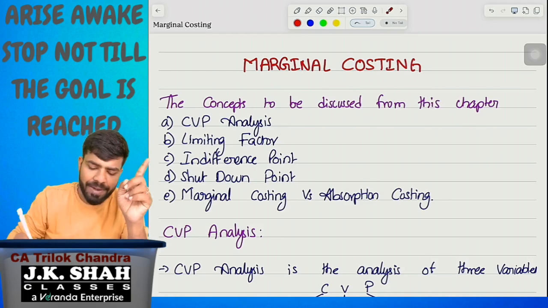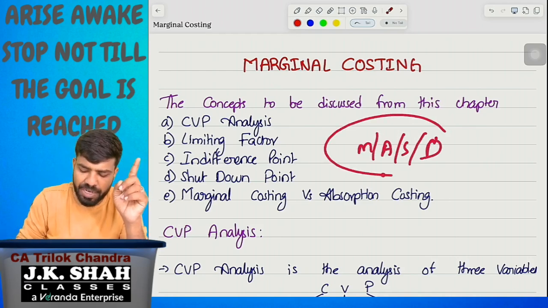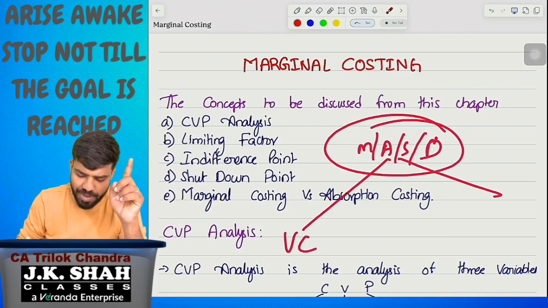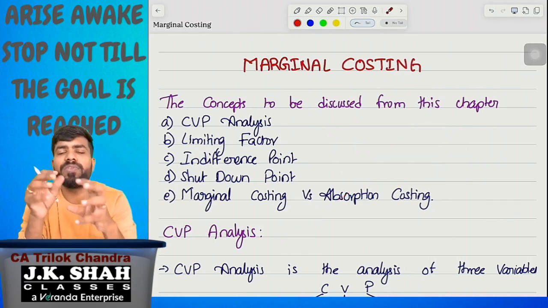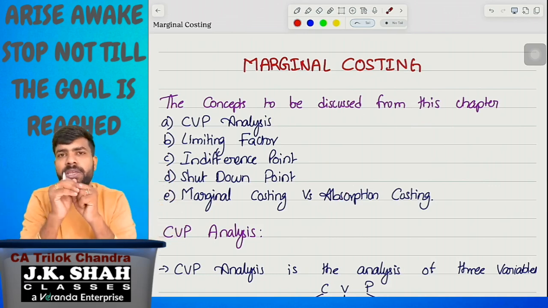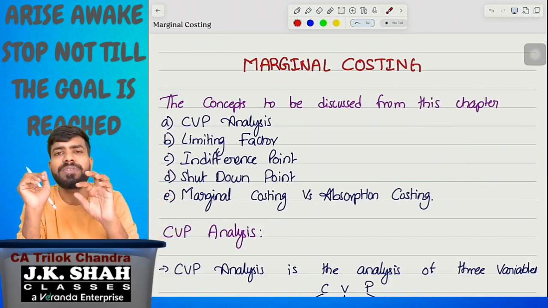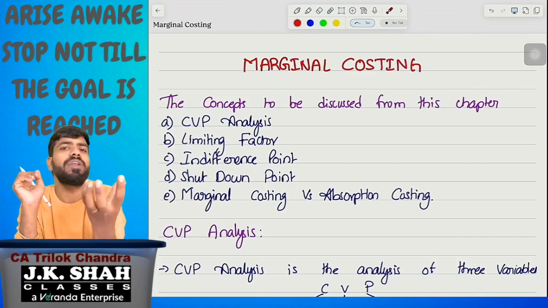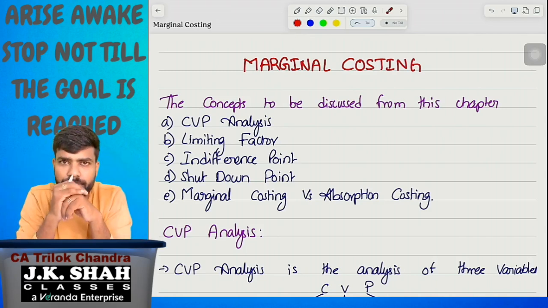Please understand, this manufacturing, administration, selling, and distribution, we are going to classify into two parts: variable cost and fixed cost. All these four cost classifications we are going to segregate into variable and fixed. Variable manufacturing cost plus variable administration cost plus variable selling and distribution cost, put together we will call it the variable cost. Same way we will put together and call it the fixed cost.